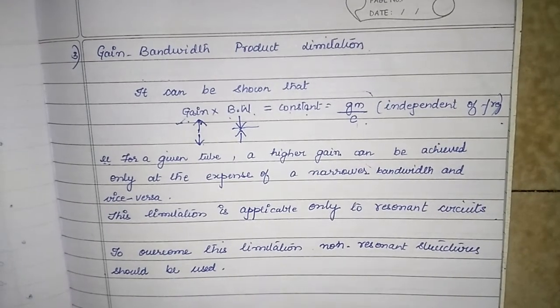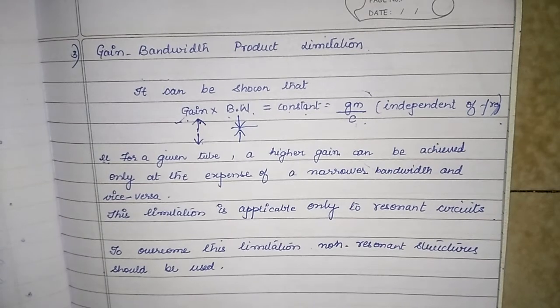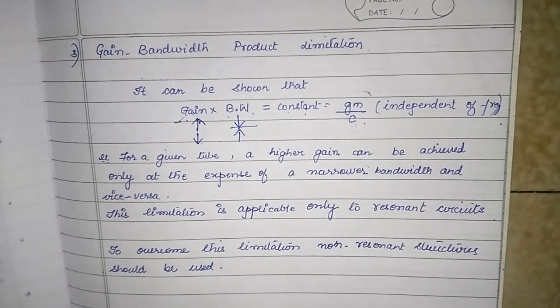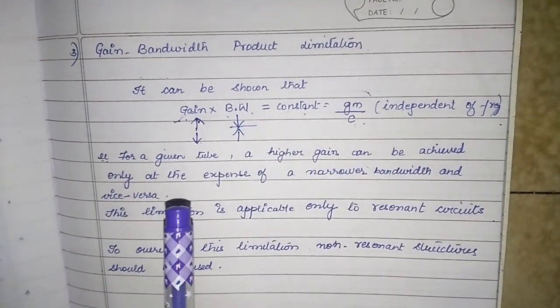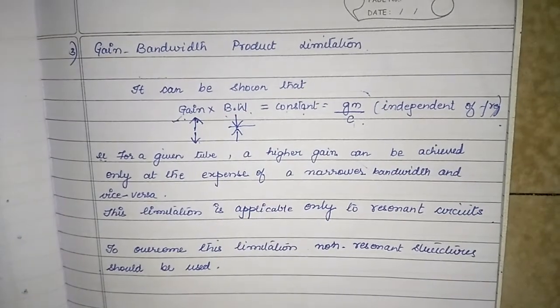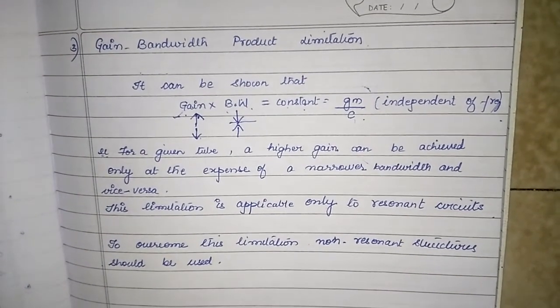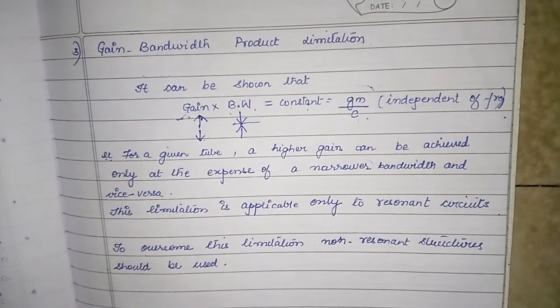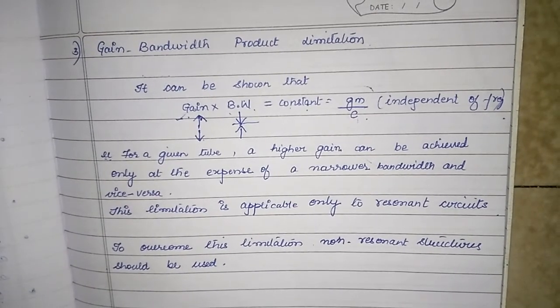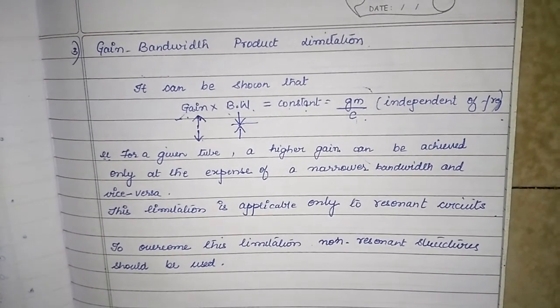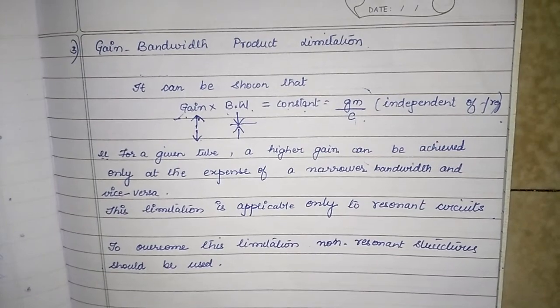So how to overcome this limitation? Because it is resonant, this is a problem. So what is the solution? It should be non-resonant. There are a few structures called slow wave structures which are non-resonant, and that's how this gain into bandwidth product being a constant limitation can also be overcome.